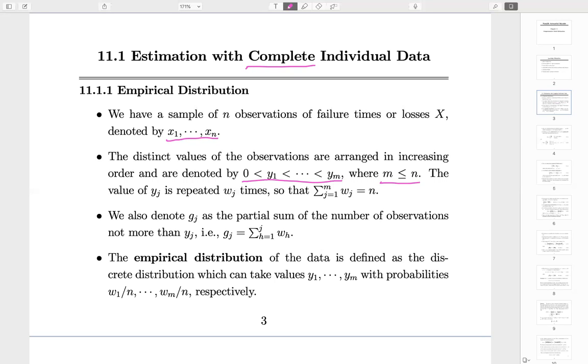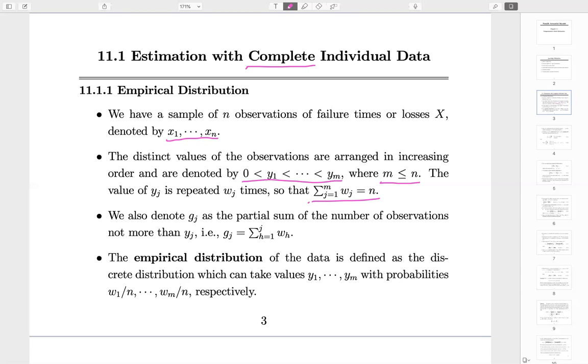If m is equal to n, that means all the x's are distinct. But sometimes some of them might coincide, so m can be strictly less than n. And we use wi as the count for yi. So w1 is the number of observations that have the same value as y1. That being said, you should expect this summation result.